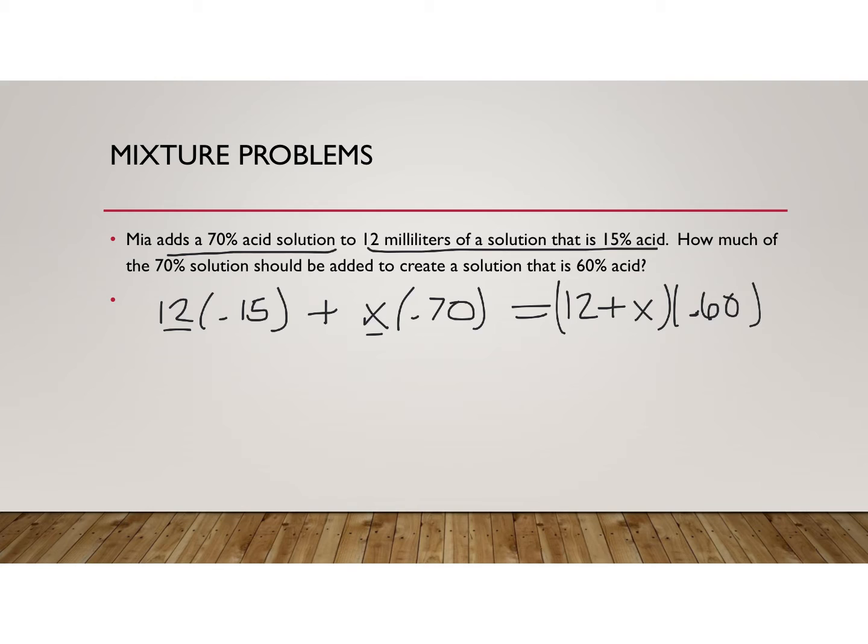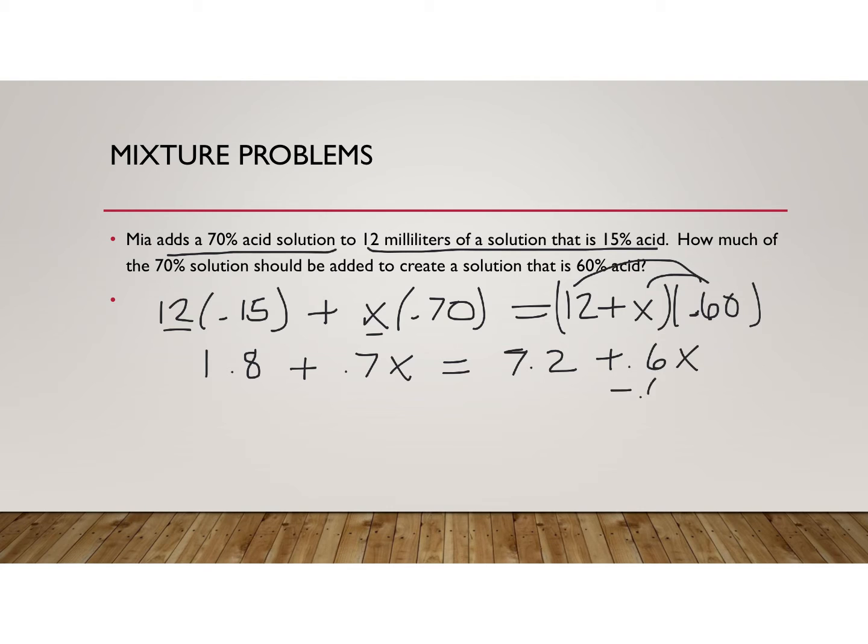I can just do my multiplication. I've got 12 times 0.15, which is 1.8, plus 0.7x equals, here I'm going to distribute. I'm going to take 12 times 0.6, which is 7.2, plus 0.6x.